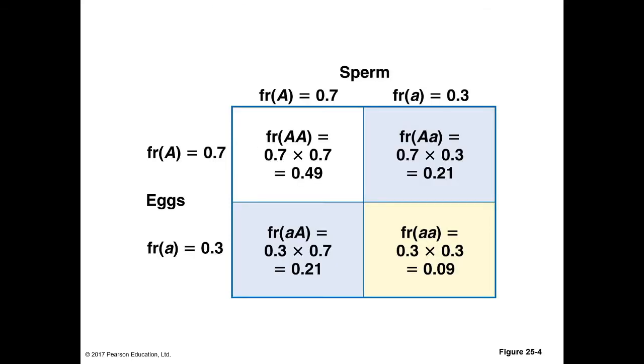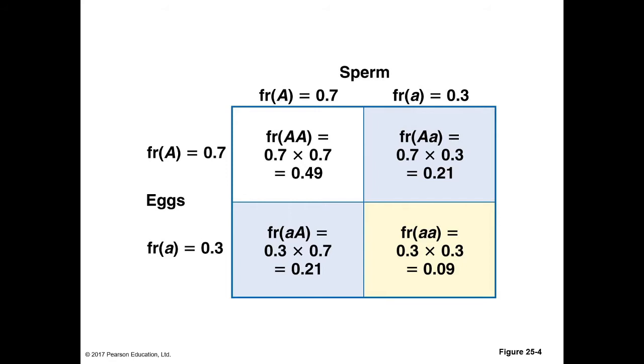So here, the frequency of big A and the frequency of small a. When you do a Punnett square, you can just multiply them. Let's say the frequency of big A is 0.7 and the frequency of small a is 0.3. So what is the frequency for big A, big A? We just multiply: 0.7 times 0.7 gives 0.49.